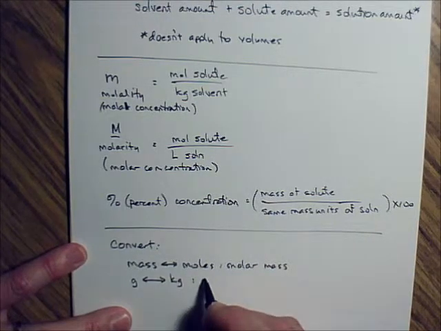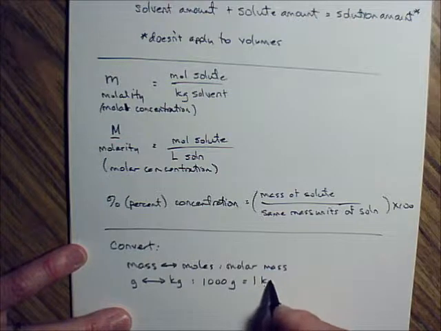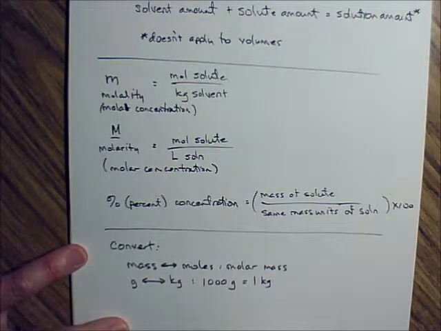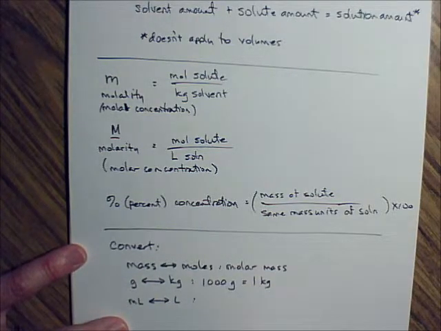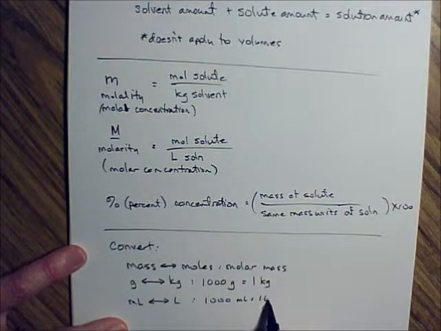What the ratio is, and that's that there are 1,000 grams in 1 kilogram. What if you're going to go from milliliters to liters or back again? It's 1,000 milliliters in 1 liter.